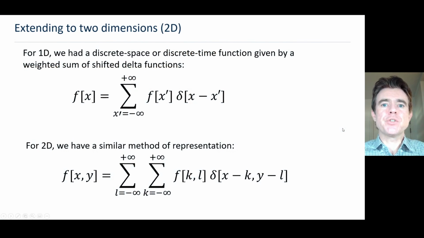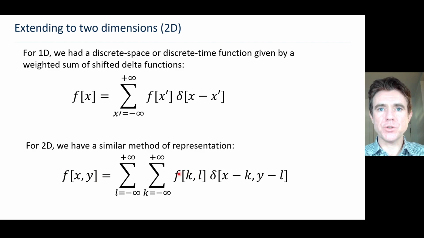And that's exactly what we need in this synthesis expression. Just to finish on this slide, all these concepts that I've been covering generalize in a very obvious way to the two-dimensional situation and even higher dimensional cases. We can have 2D delta functions, 3D, 4D, and so on. Here's just a repetition of the 1D case. Again, it's just saying a discrete function is a weighted collection of shifted delta functions. And in 2D, we've got a 2D function here.